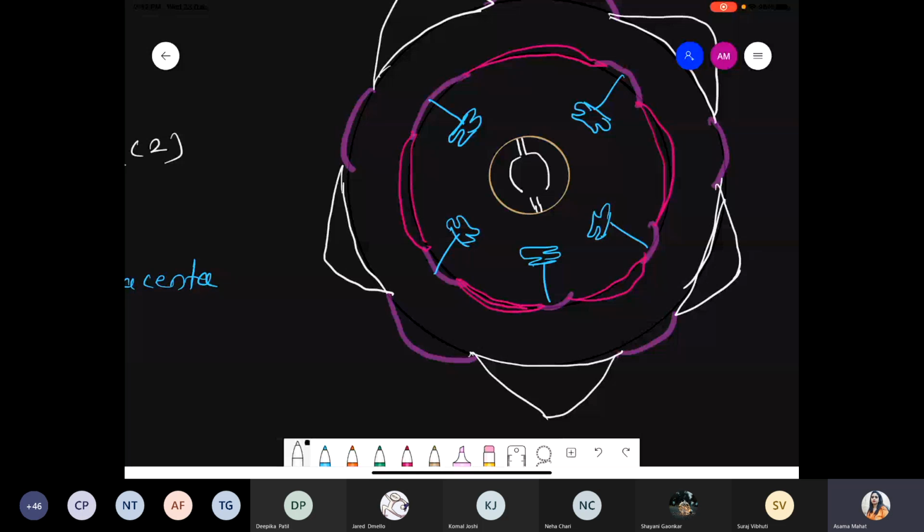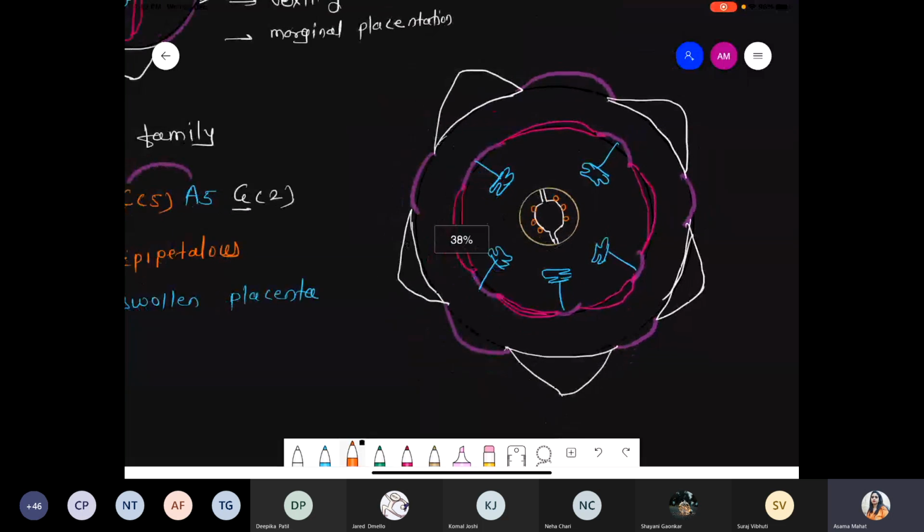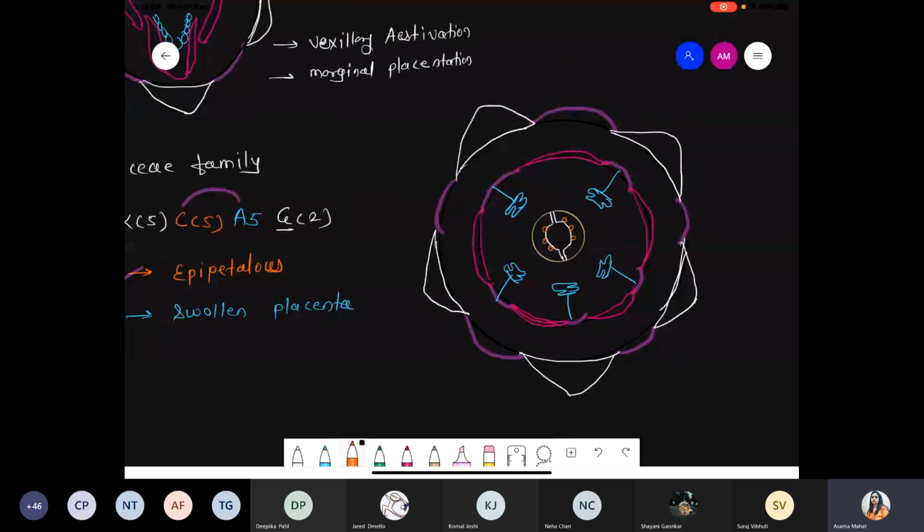Okay, swollen. And the ovules, all the ovules arrange like this. So we have to represent the swollen placenta. Where is the swollen placenta present? It is present exactly at the central part. So the central part is simply called the swollen placenta.